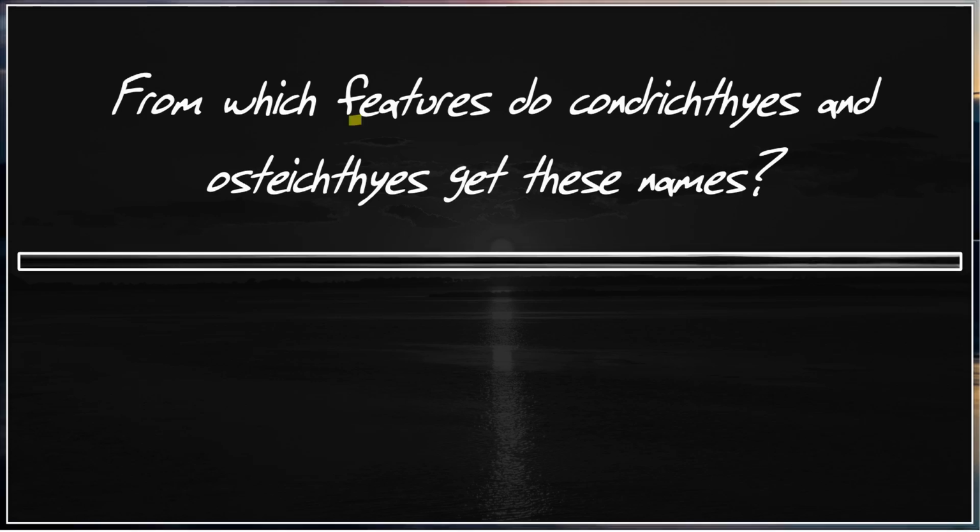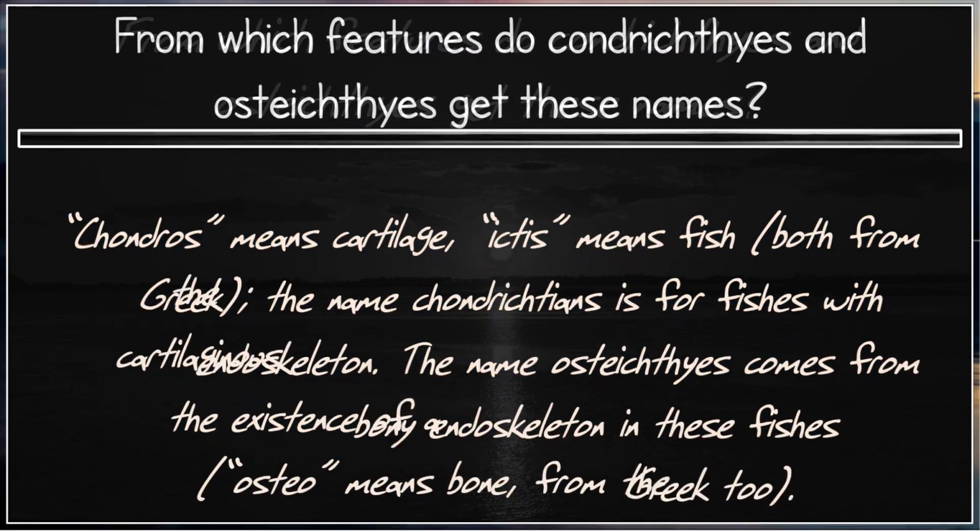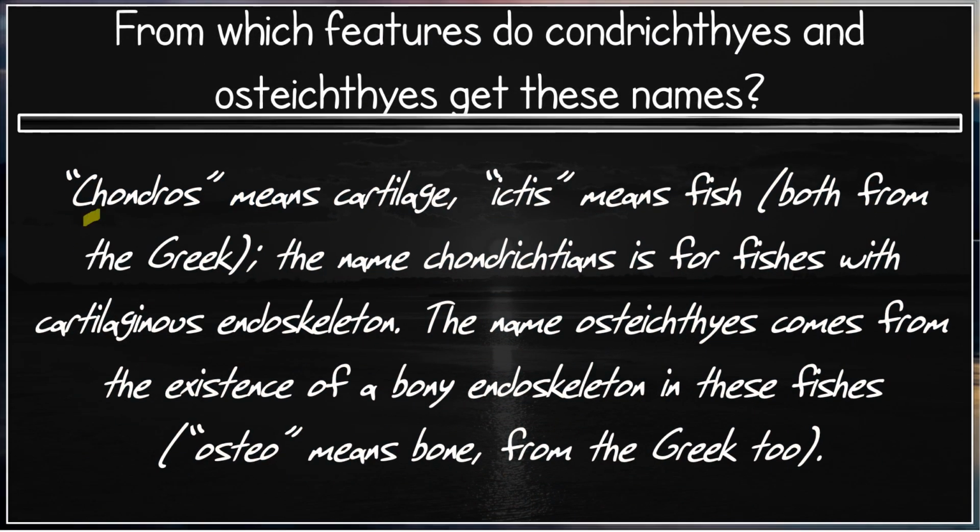From which features do chondrichthyes and osteichthyes get these names? Chondros means cartilage. Ichthyes means fish, both from Greek.